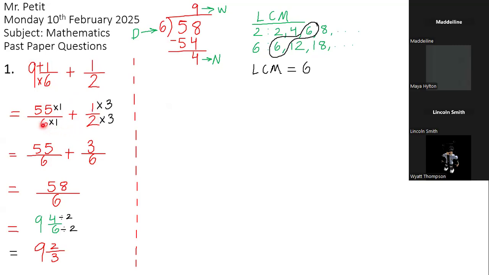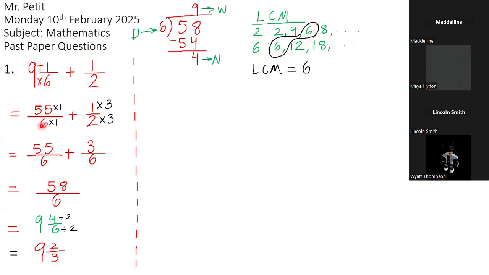Then here I notice that my denominators are different. I want to make the denominators the same. So I find the LCM. What is the LCM of 6 and 2? It is 6. We found that out by listing the multiples of 2, listing the multiples of 6, and figuring out which one is common.